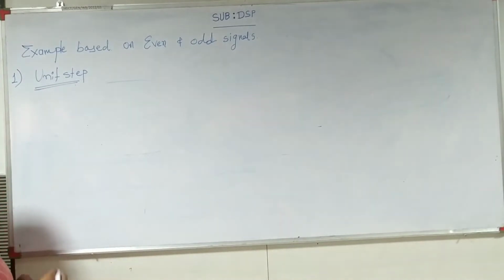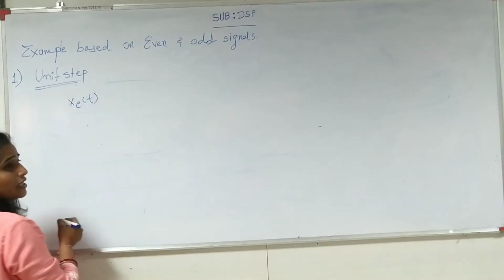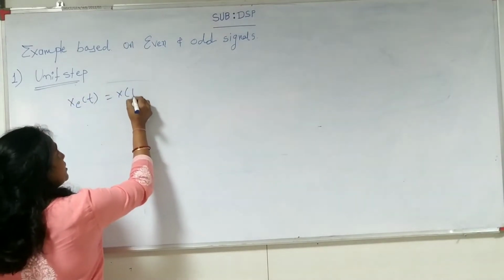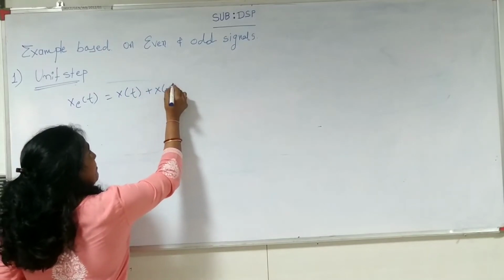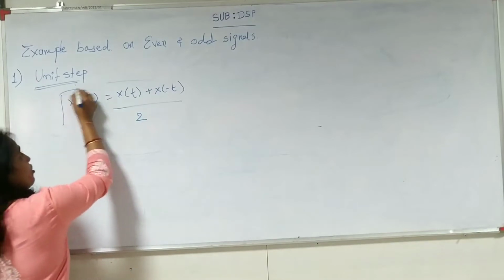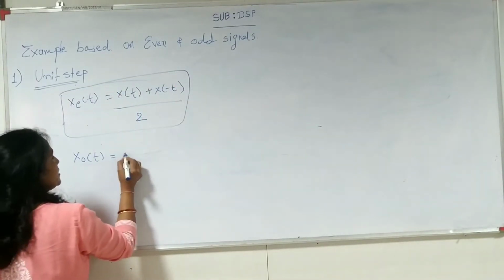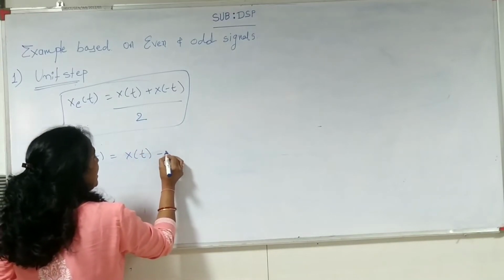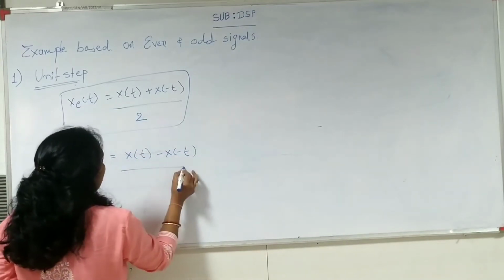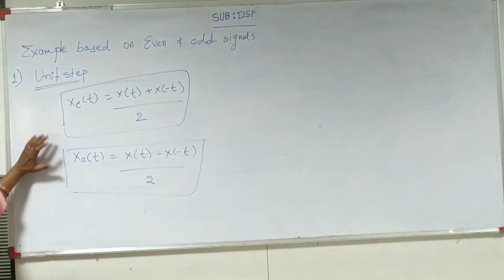The definition of the even component in mathematical form is x of e of t equal to x of t plus x of minus t, divided by 2. In the same way, for the odd component the formula is x of o of t equal to x of t minus x of minus t, divided by 2.